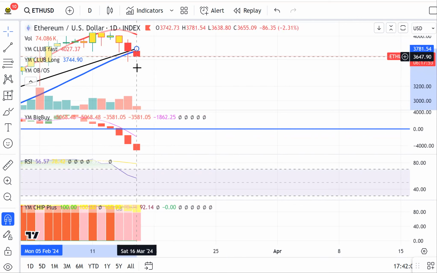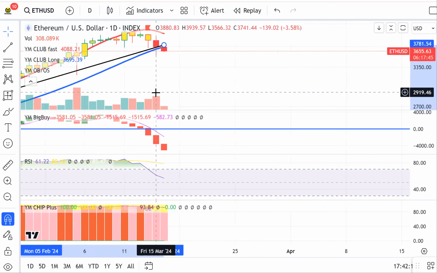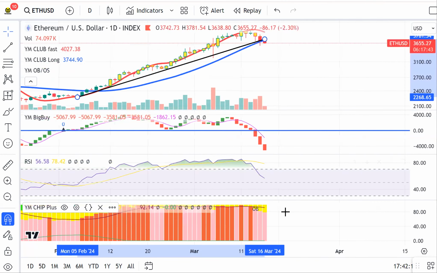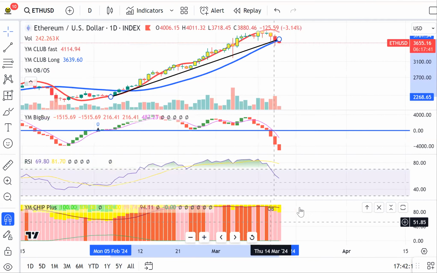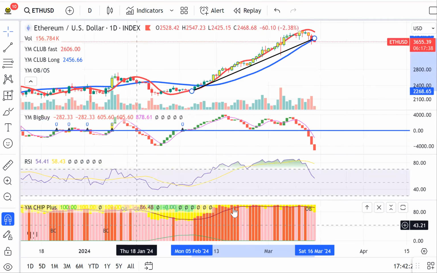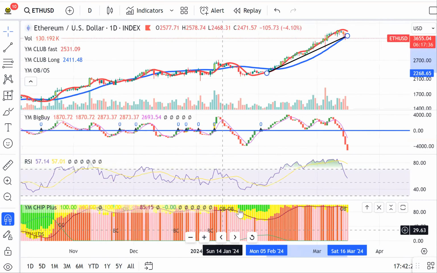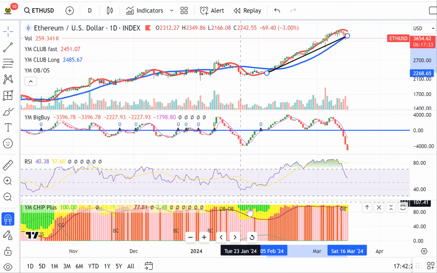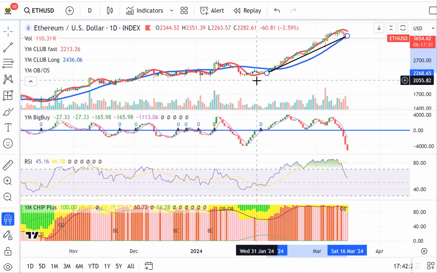We haven't closed below yet, but you can confirm by today's US time close. The YM Chippers also dropped below the purple line, which is weak, but not weak like this one. If we start to have the green candle, then we will have some problem. The correction will be much bigger.